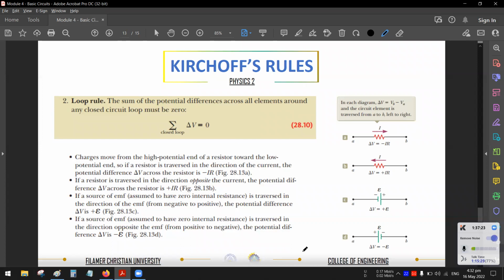So kung ano ang gingamit na sa series and parallel and combination of those, you can just still use those equations diri sa Kirchhoff's rules. Okay? Just make sure that the summation of voltages and currents are zero.